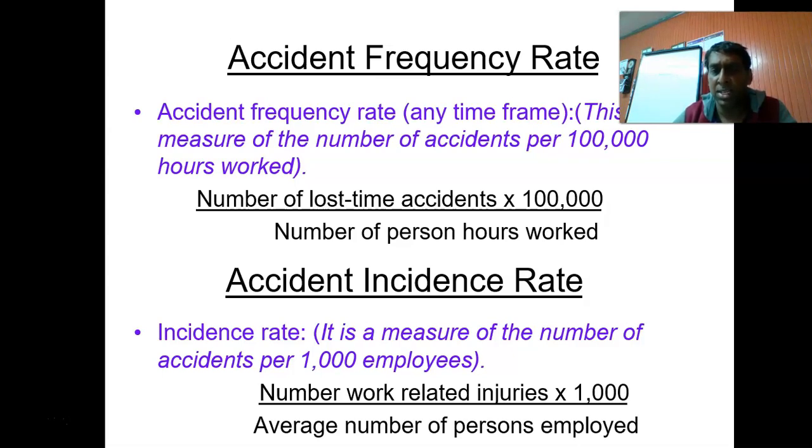So if you see, let's say, 500 employees, then you should multiply by 1,000. 800 employees, and you multiply by 1,000 for your constant. These things are not too many marks, roughly about 2 marks. Most of the time it's just remembering the formula for exams.